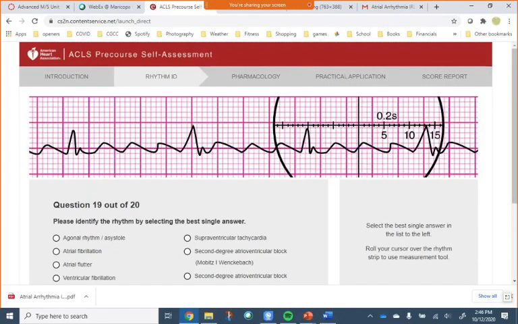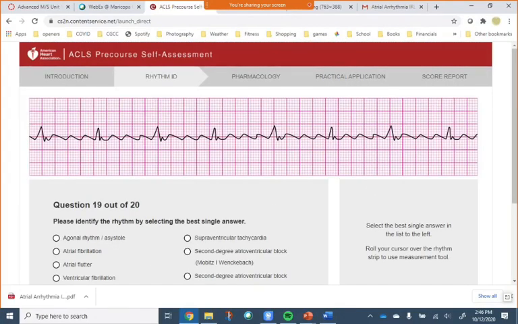We're getting there. Oh, that's a beauty. What do you think? P wave before every QRS? That's the sawtooth one.